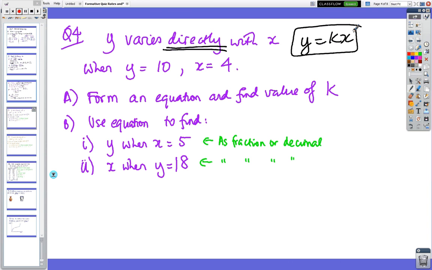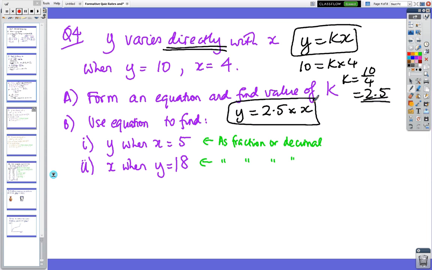Okay, so we first find the value of k. We've got 10 equals k times 4, so k equals 10 over 4, which is 2.5. That's the value of the constant. So form an equation: y equals 2.5 times x. Then use the equation to find y when x equals 5: y equals 2.5 times 5 is 12.5.